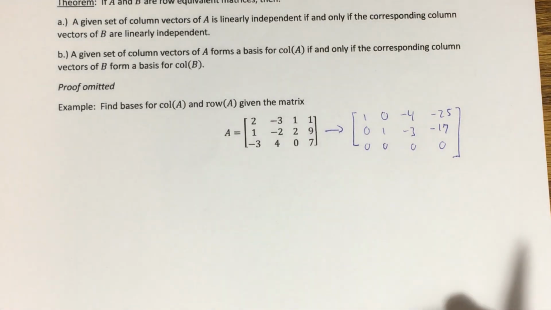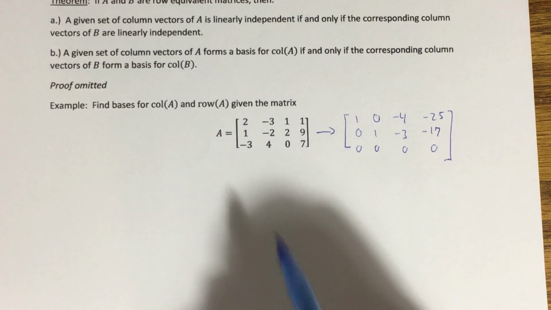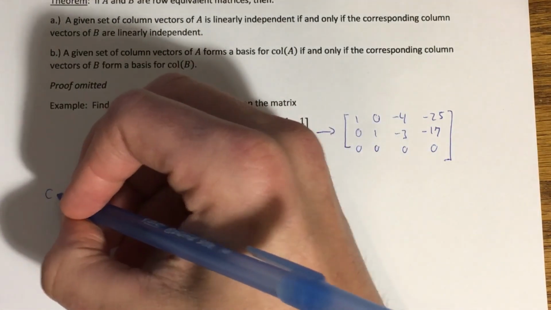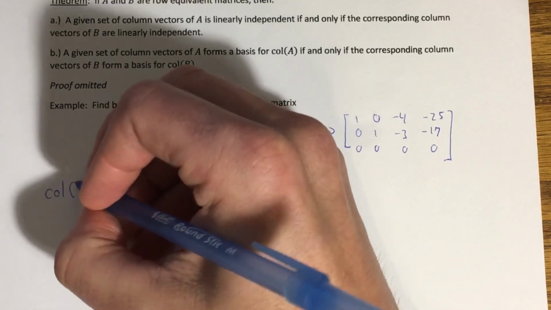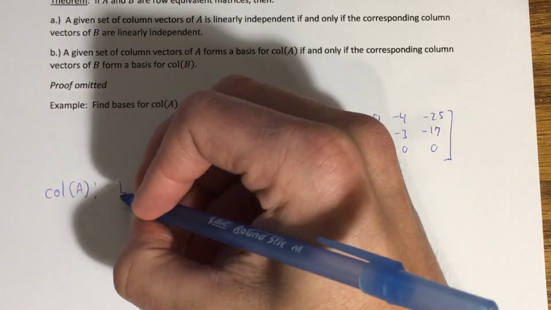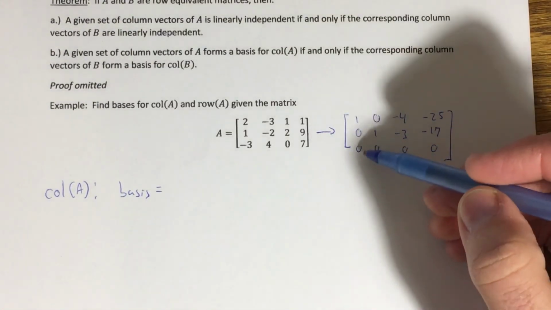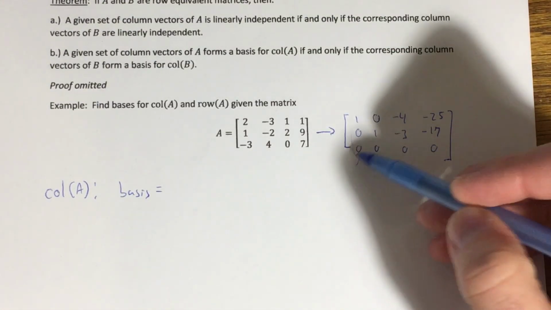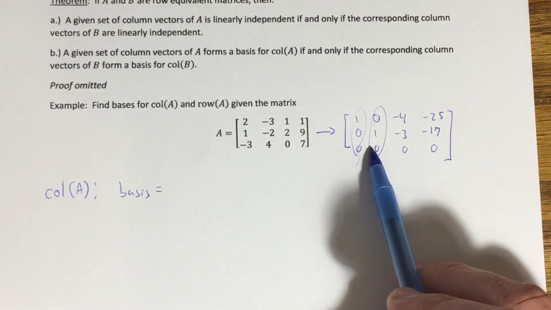Okay. Then for the column space of this matrix A, I'm looking for a basis. A basis could be these first 2 columns here, which are the only columns containing leading ones.